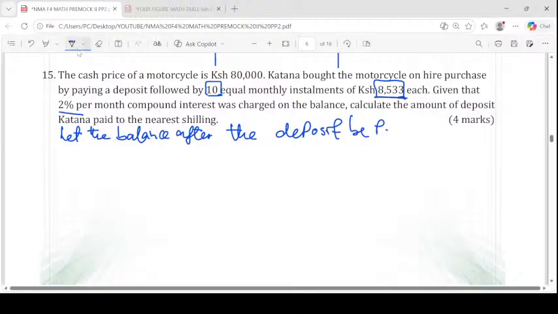The cash price of a motorcycle is 80,000 shillings. Katana bought the motorcycle on hire purchase by paying a deposit followed by 10 equal monthly installments of 8,533 shillings.